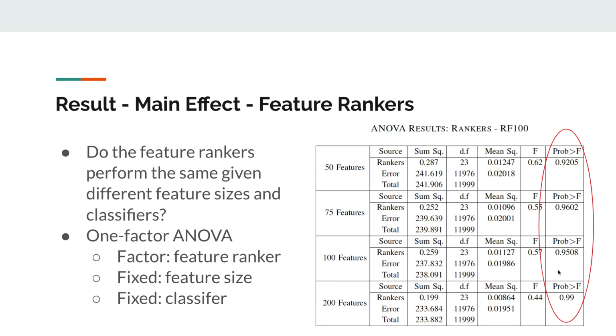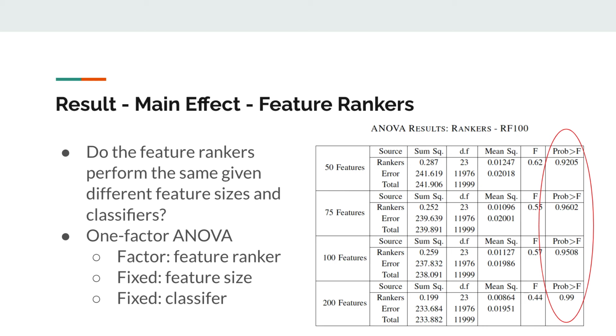Moving on, the paper examines whether the performance of all feature rankers are the same. Similar to classifiers, this is a one-factor ANOVA, conducted with the single factor being the feature ranker. Here we have both the feature size and the classifier fixed, so the results shown here are specific to RF100, which is also the best classifier.